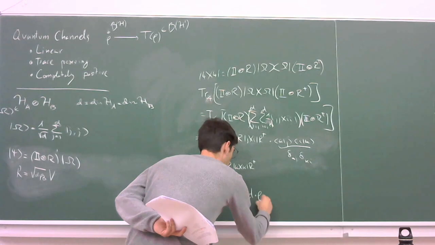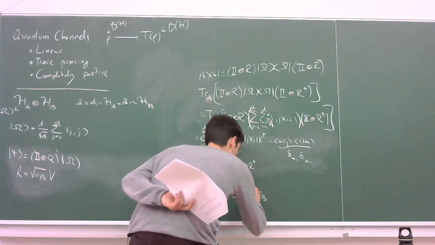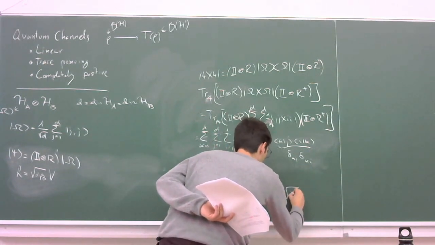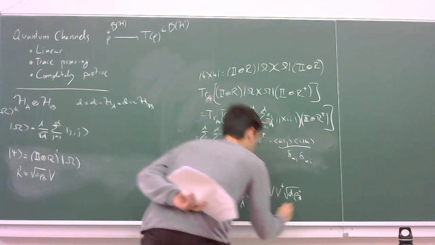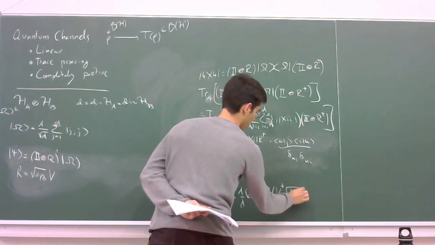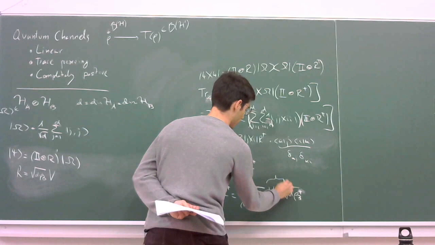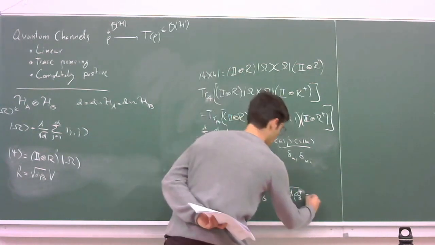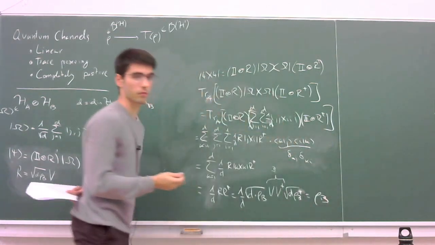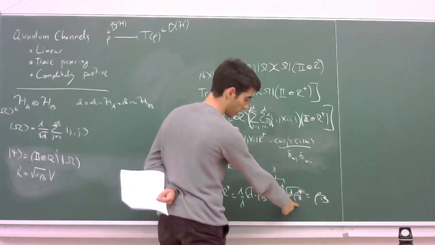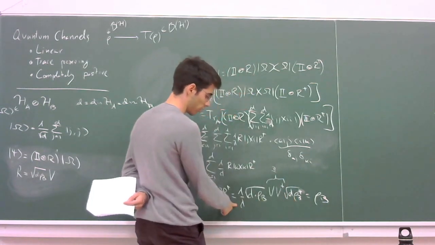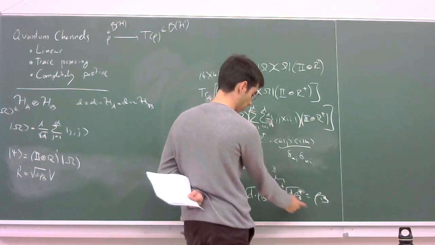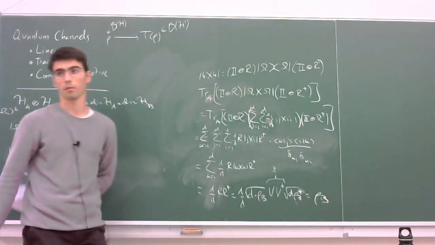This was D, B. Okay, so as this is an isometry, this is one, so this is identity, and then this with this, you get rho B. Because this is Hermitian, so D with D and D goes out, and this with the Hermitian with the other part, you obtain rho B.